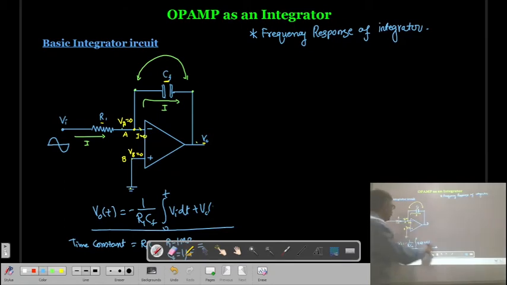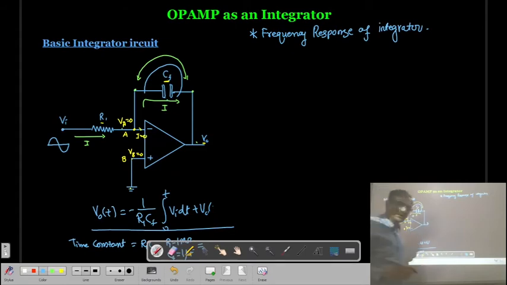Now basically if you see this circuit, then it is a kind of an inverting amplifier. And in case of the inverting amplifier, what is the gain of the amplifier? That is the feedback resistance divided by the input resistance. Correct? So here in the feedback, instead of a resistance, we have connected a capacitor.